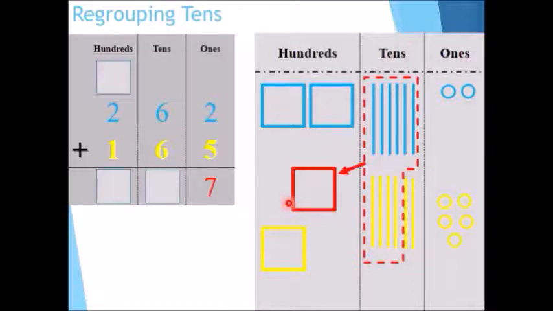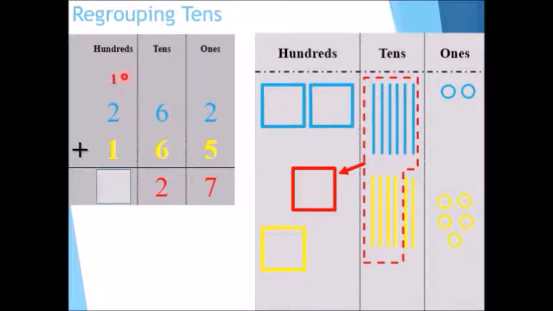We have a new group of 100, which means when we move the 10 tens to the hundreds column, we combine them in a new square, and 2 tens are left over in the tens column. We record 2 in the tens column and we regroup 1 hundred above the 2 in the hundreds column.